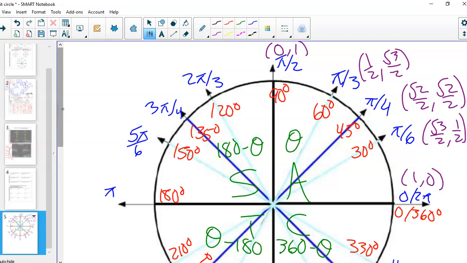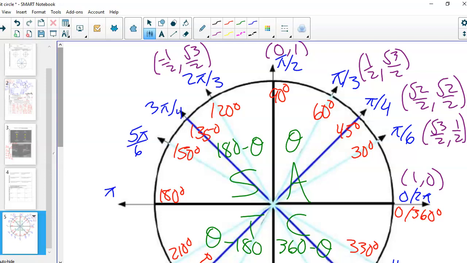Okay, so 180 minus 120 is 60. So if I'm looking at 60 and only sine is positive, this is going to be negative 1/2, root 3 over 2. 180 minus 135, we did that one.